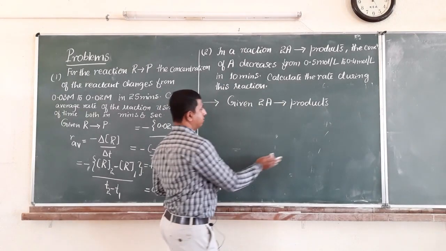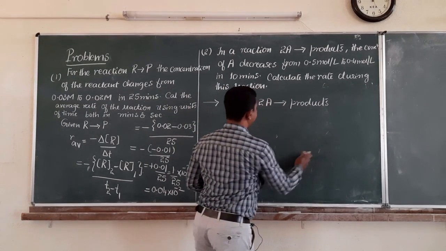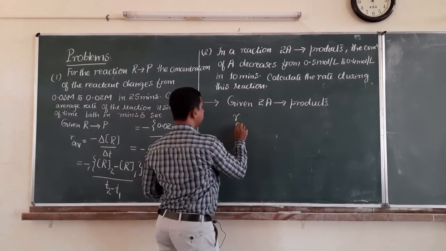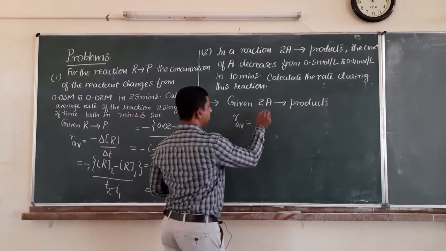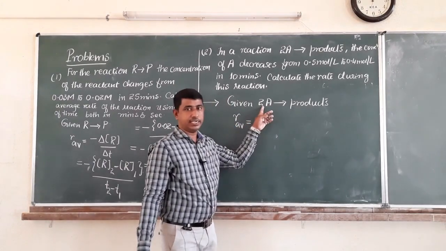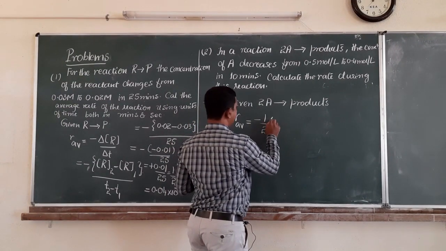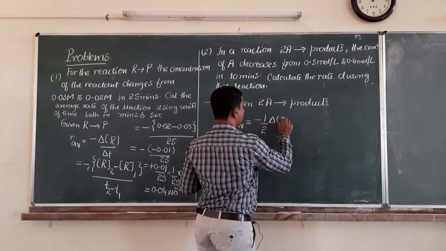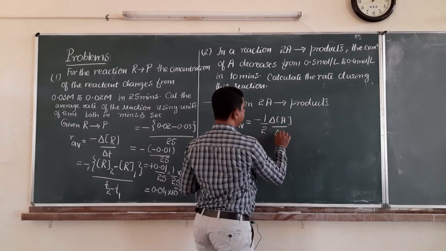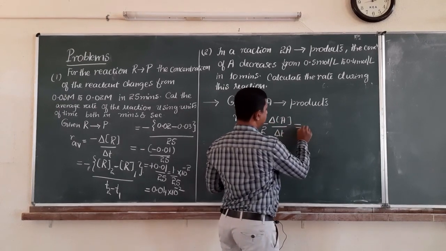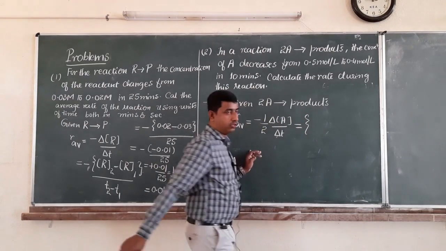Now we can write the rate expression, that is average rate here. That is average rate, it is equal to, since the stoichiometric coefficient is 2, I would write it as minus 1 by 2 delta concentration of A by delta T.